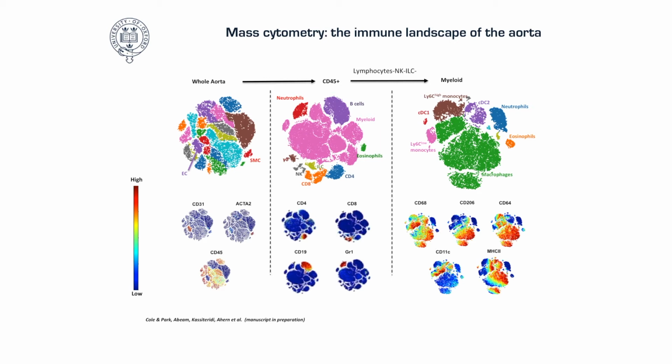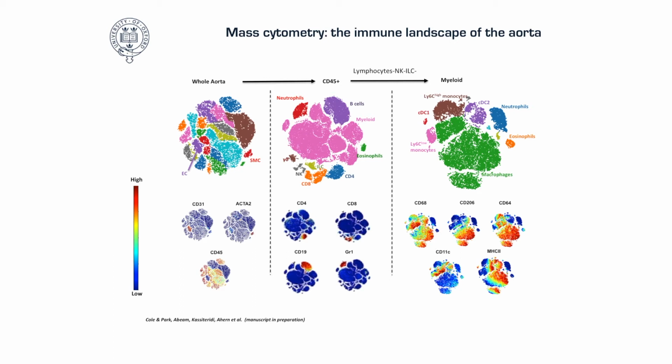You'll be able to distinguish, as I showed before, neutrophils from eosinophils that we find in the plaque. We can find the two classical DC populations, cDC1 and cDC2. You can find defined monocyte populations, and you can find a rather large population of macrophages which are present in the tissue.